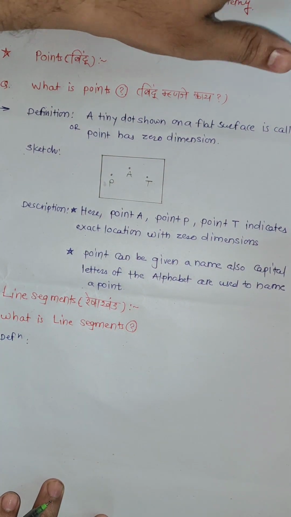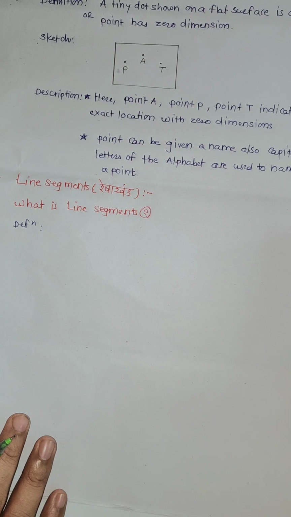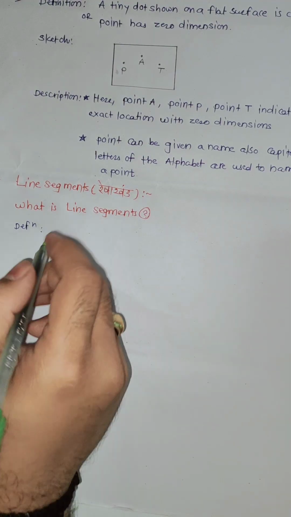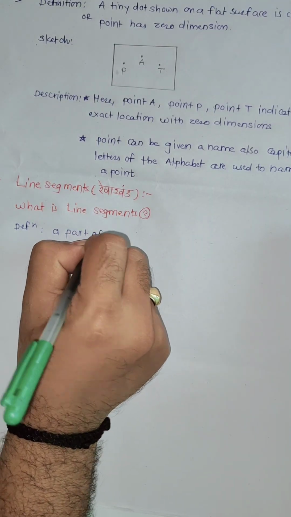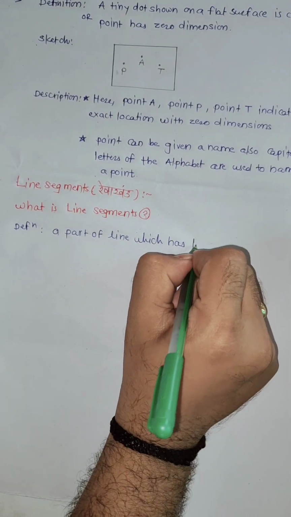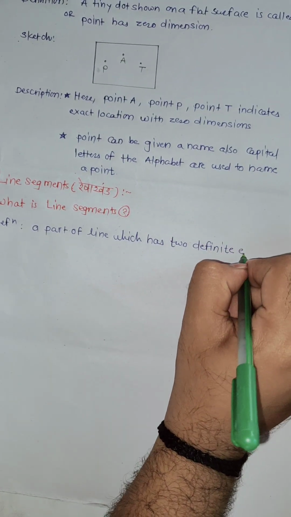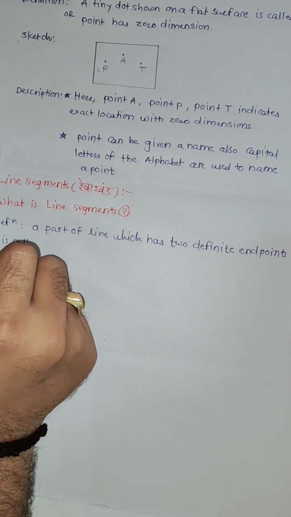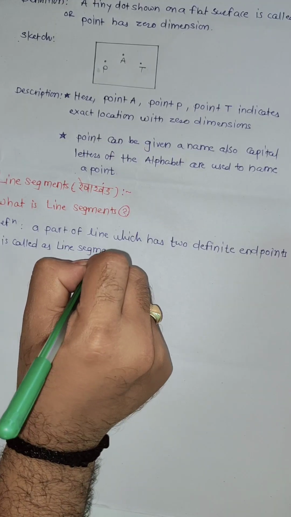It is a part of a line which has two definite endpoints. It is called a line segment.